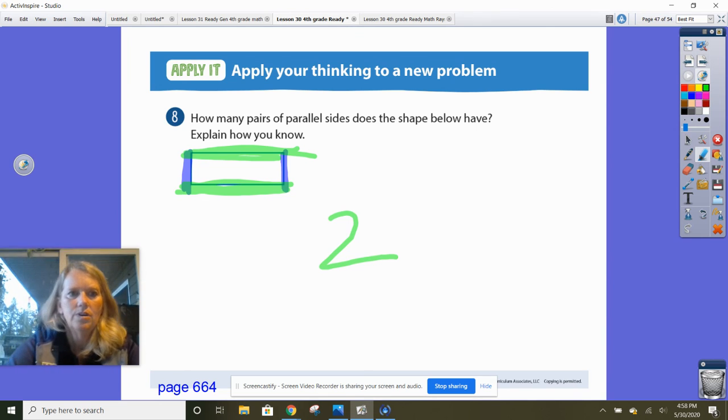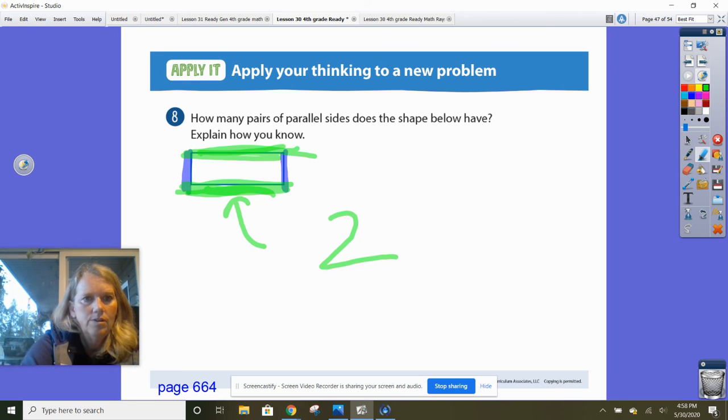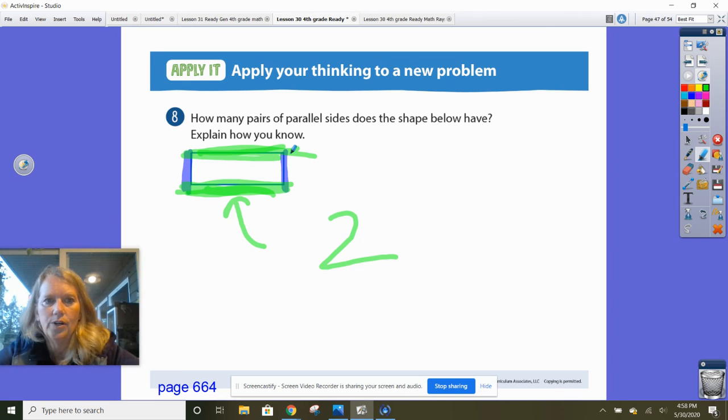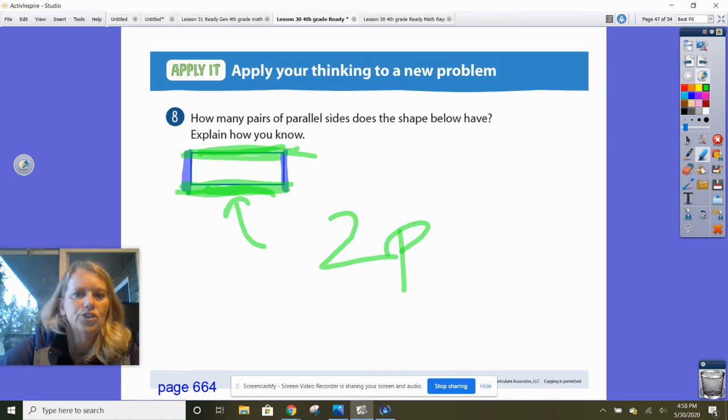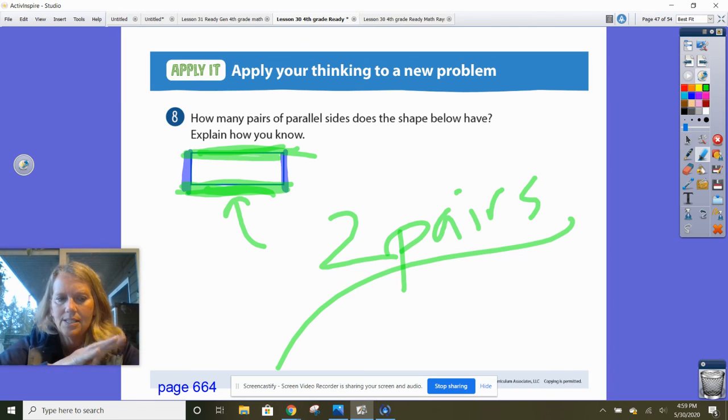How do we know? The proof is in the coloring. We've got two green and two blue for two pairs. Sometimes people get stuck because they say there's four parallel.